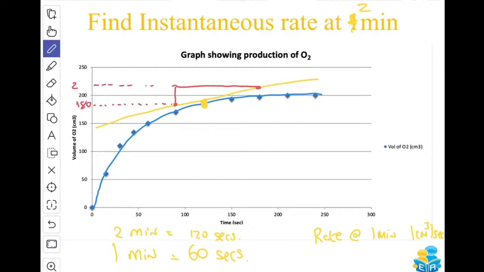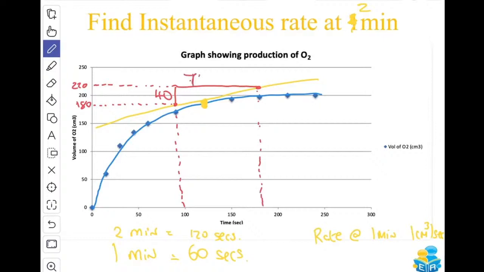So sorry, the rise there is 40. My run is starting at 100 and going the whole way over to about 170. So I know that my run there is 70.